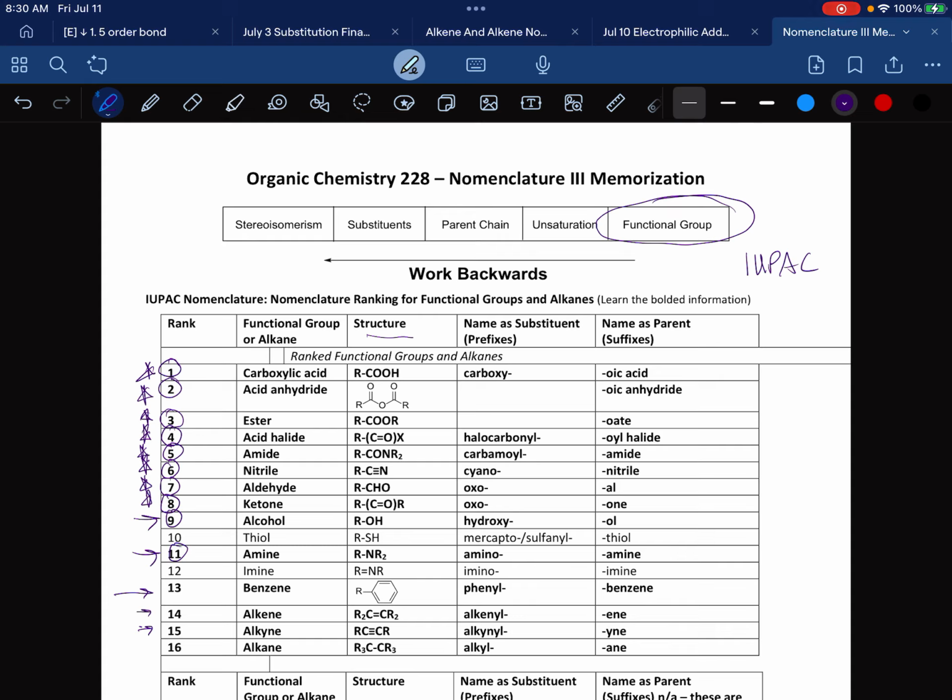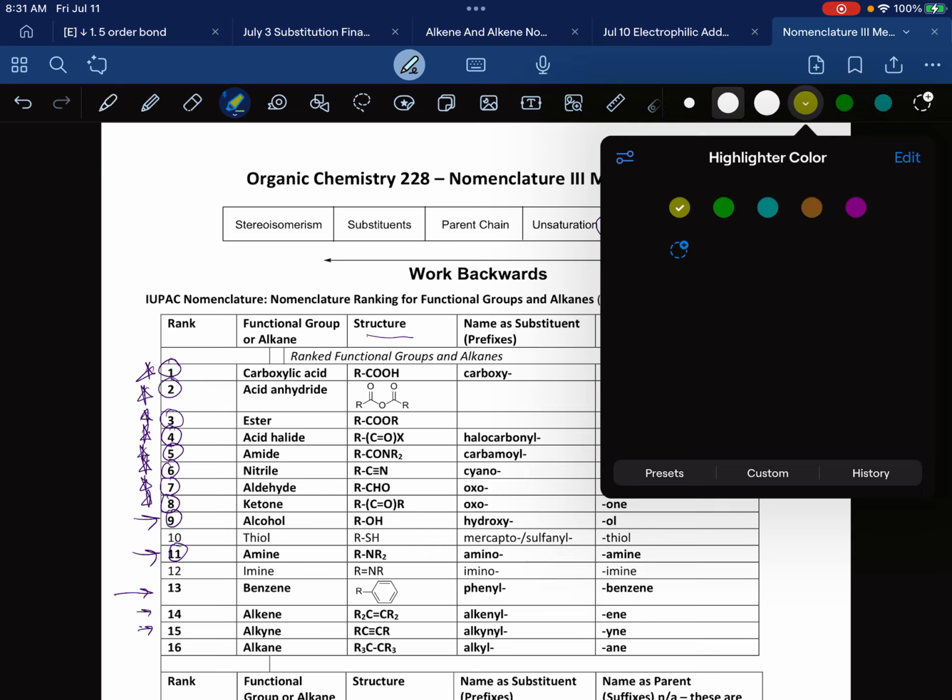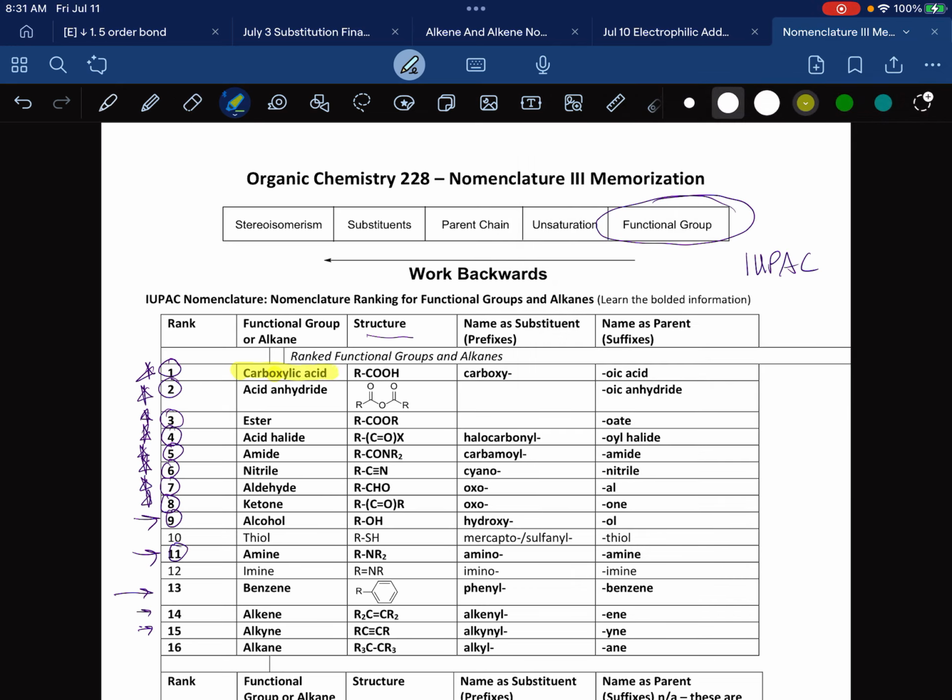So, for example, since carboxylic acids are ranked number 1, anytime you have a carboxylic acid in a structure, it will be the one that gets ranked as the highest ranked functional group. And that means that it's going to have the ending when it's named as the parent, the suffix, so it will be an oic acid.